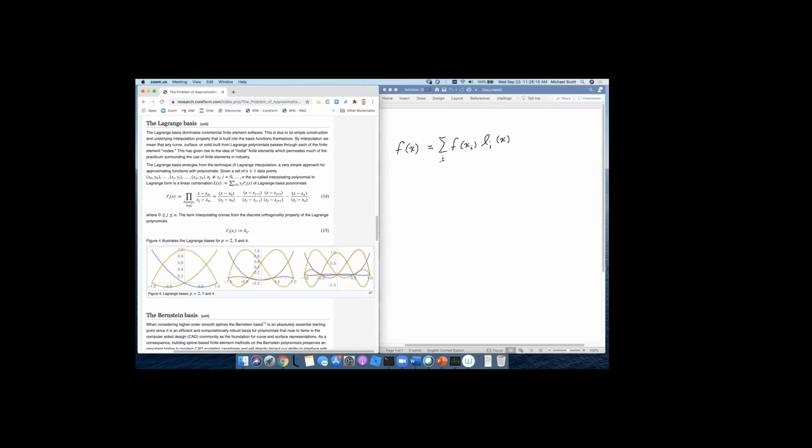Okay, and so what do we mean by interpolation? These polynomials give us a nice picture. Notice, if I evaluate f of x at some location xj, then that's going to be f of, actually let's evaluate it at xi.